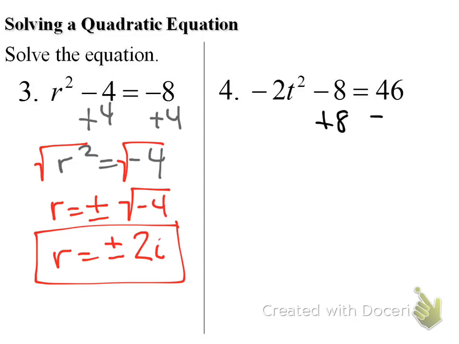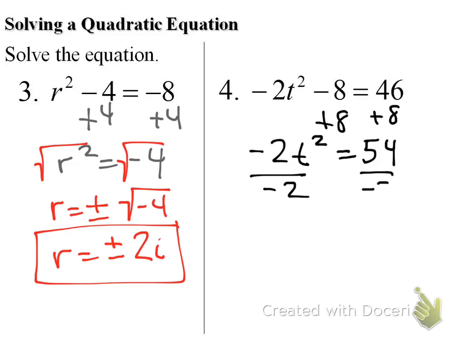Add 8. So negative 2t squared equals 54. Divide both sides by negative 2, and what do you get? Negative 27.